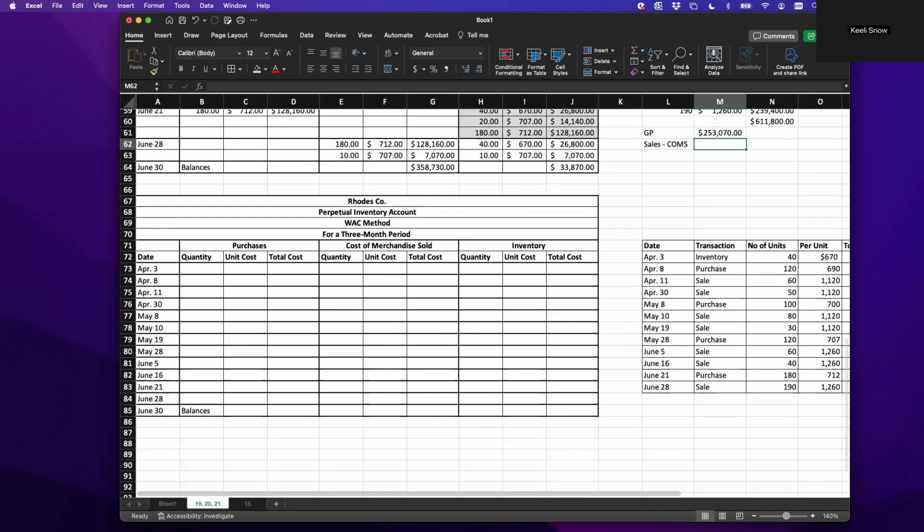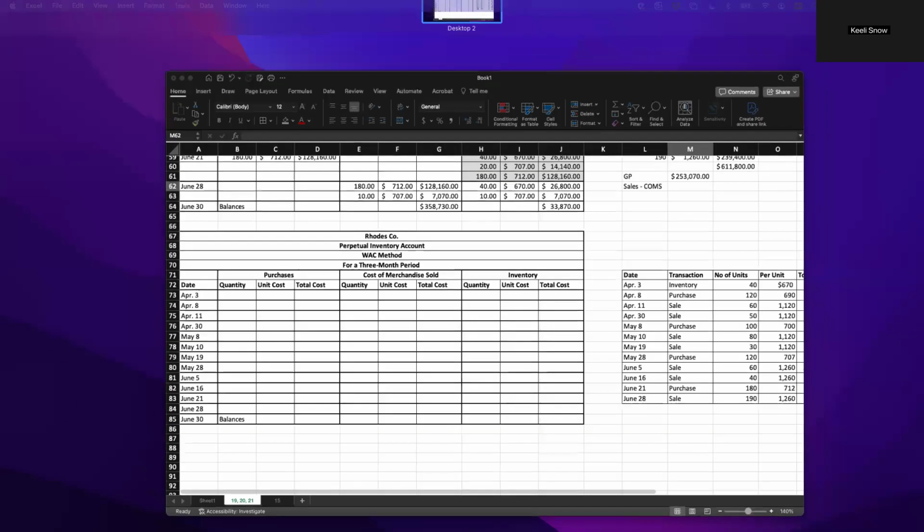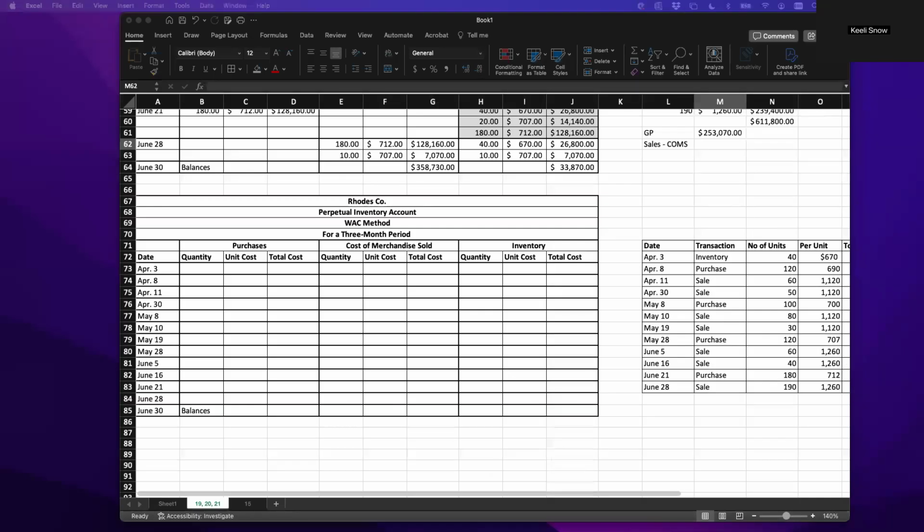Last one, the weighted average cost method. Give me just a second, guys. Okay.